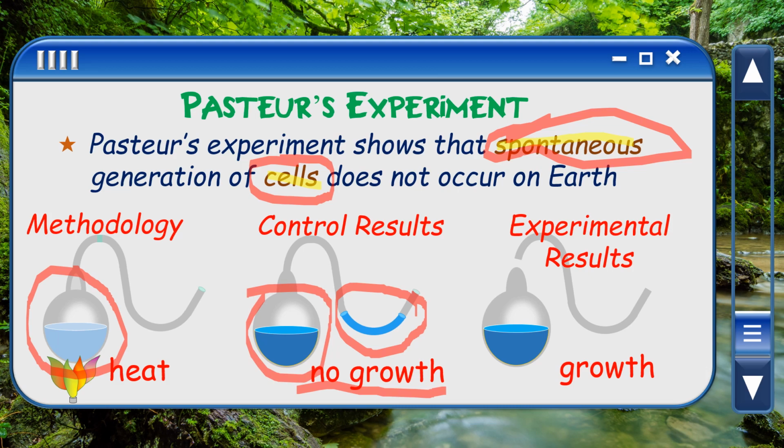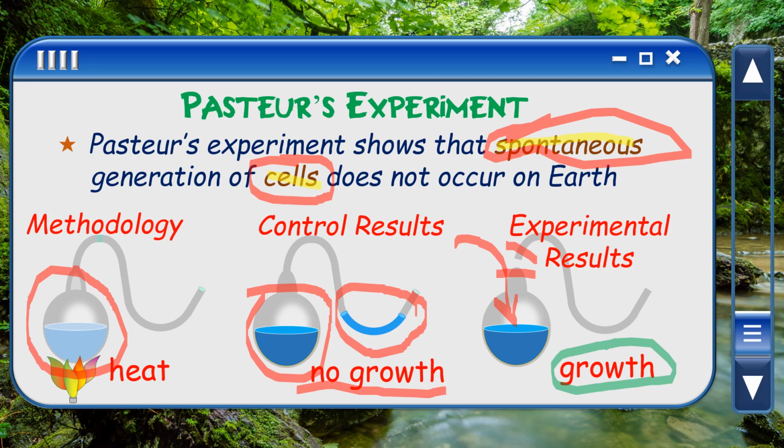But when he cut off part of the apparatus and allowed contaminating microorganisms to enter the broth, they found there was growth of microorganisms, because there was contamination. That showed that organisms or cells can only come from existing cells.